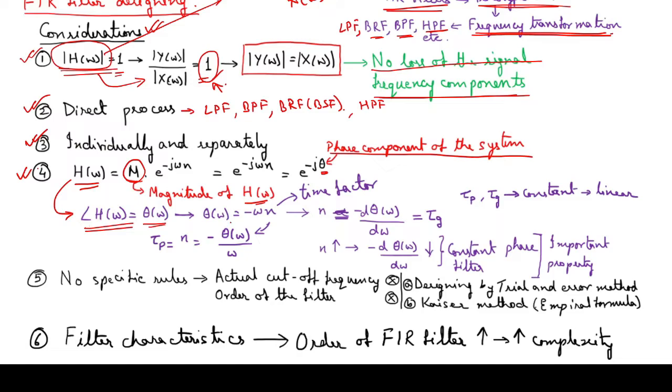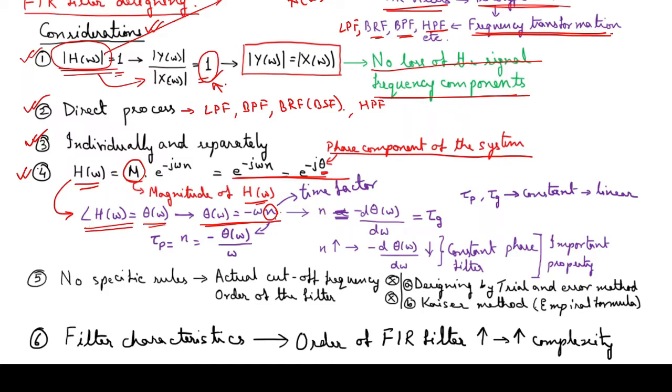Now what does that mean? If we compare this theta of omega and these two equations, we get theta of omega is equal to minus of omega n. And what is this n? This n is regarded as the time factor.